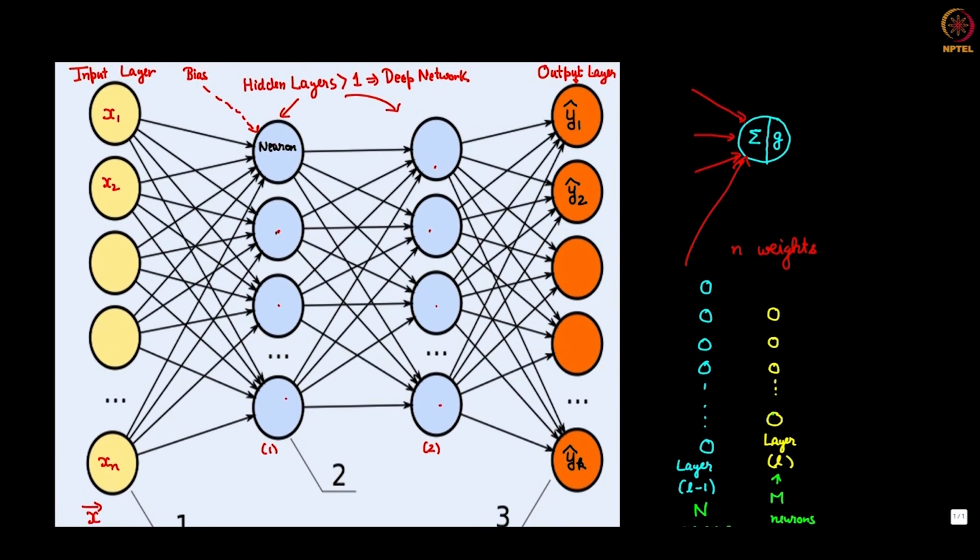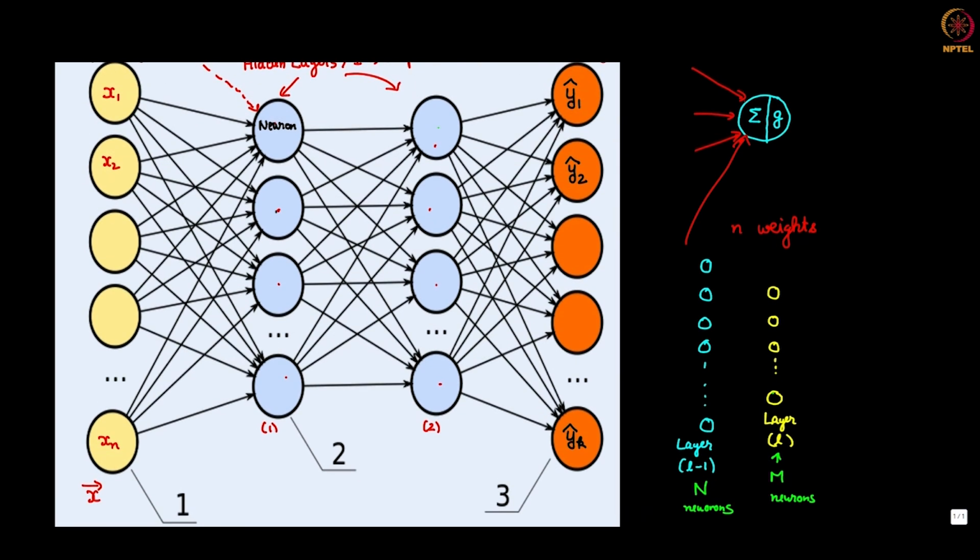Now, how many bias units do we have in such a case? If I consider this neuron, for example, it takes input from all these n plus one bias. If I take this one, it also takes all these n plus a different bias.